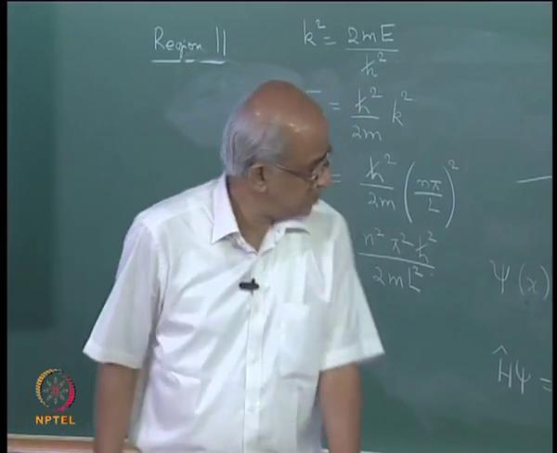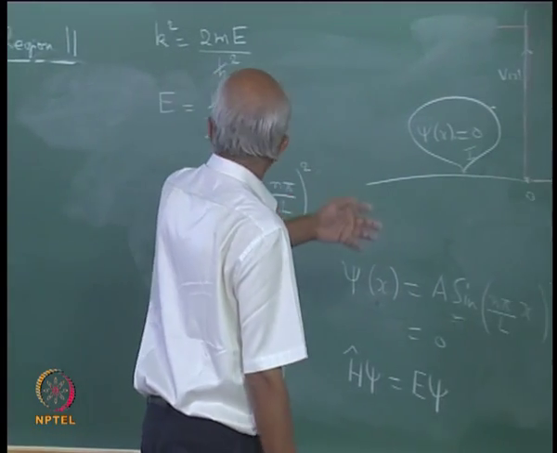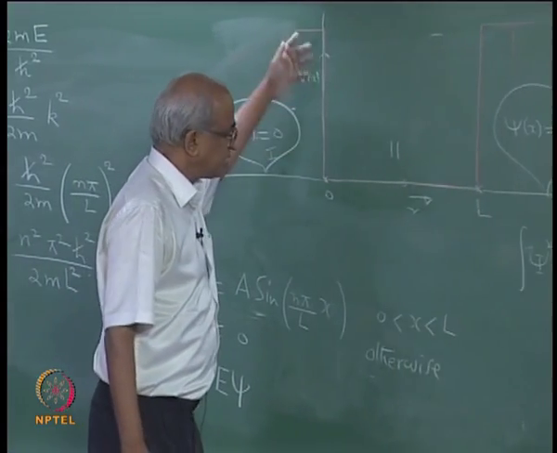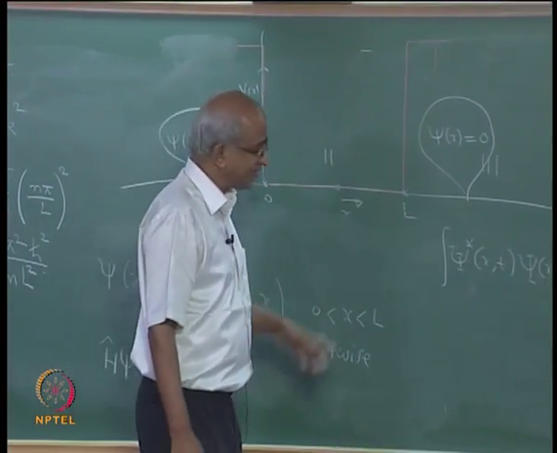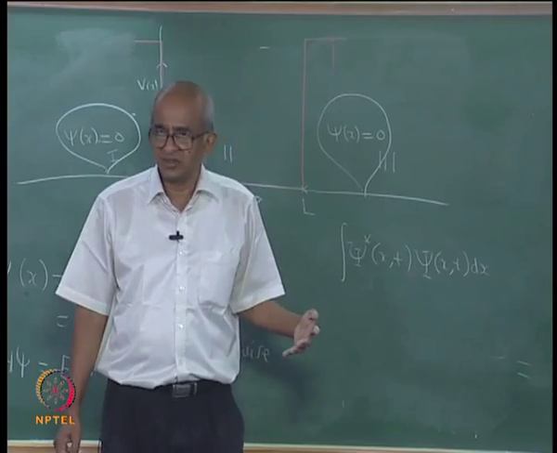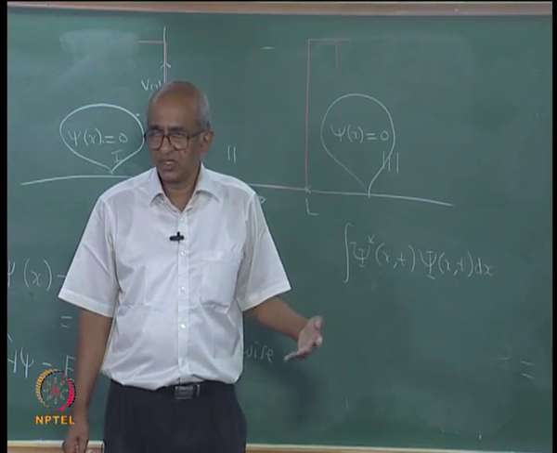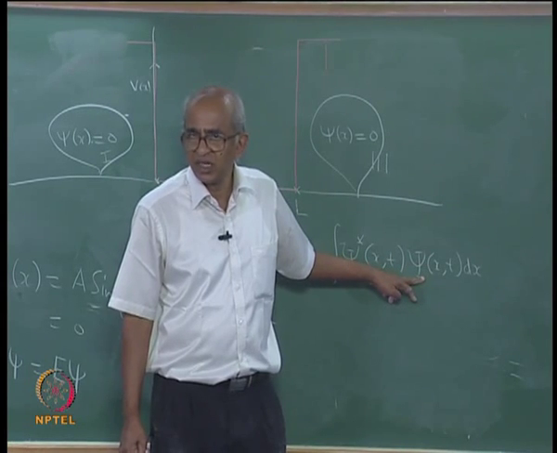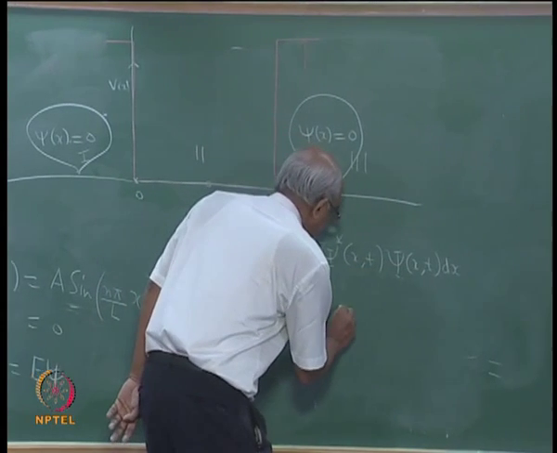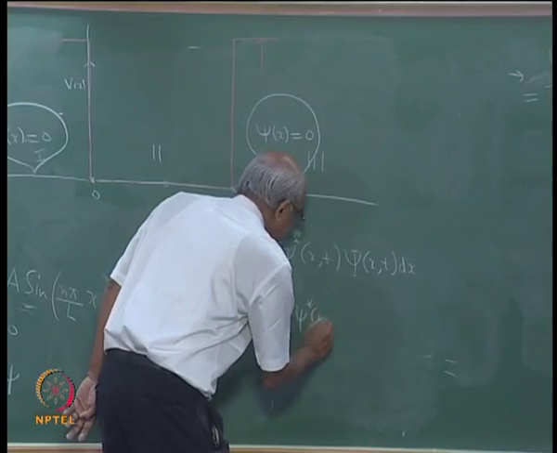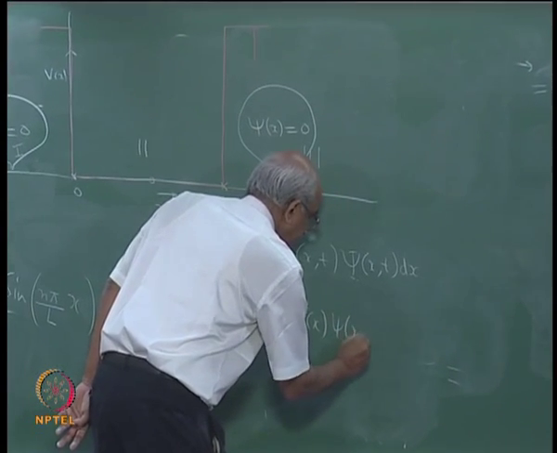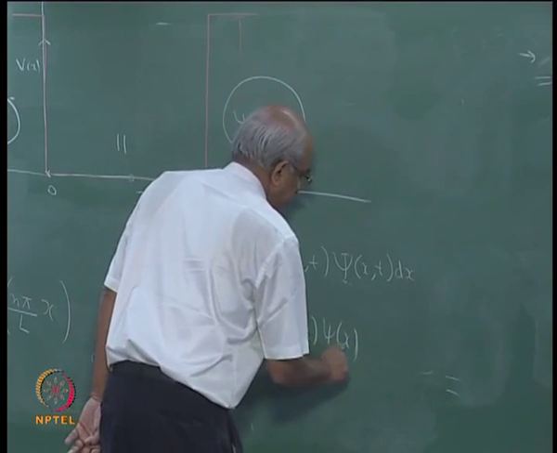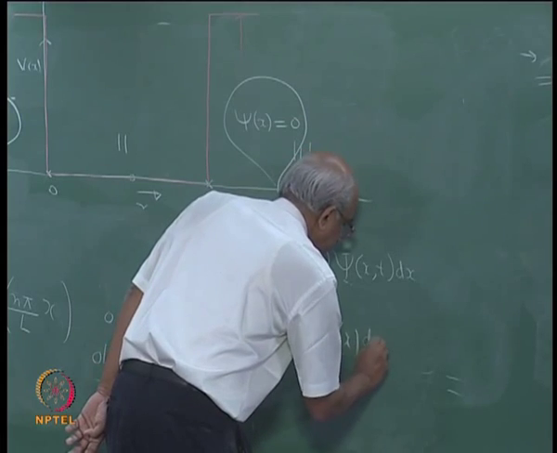But as far as the states that we are thinking of are concerned, they are all stationary states, correct? So, therefore, psi star psi will not depend upon time. So, what is going to happen is that you would have psi star of x into psi of x into dx.